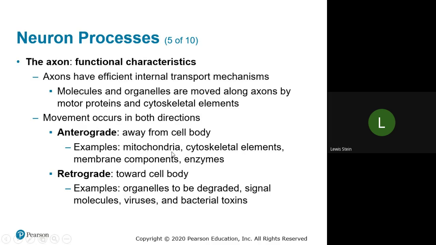So mitochondria, cytoskeleton, all the construction materials, membrane, etc., as well as passageways for the neurotransmitters. Retrograde: organelles that are going to be recycled, some signaling molecules that are going to be reabsorbed, repackaged and recycled. Bad news: viruses and bacterial toxins.